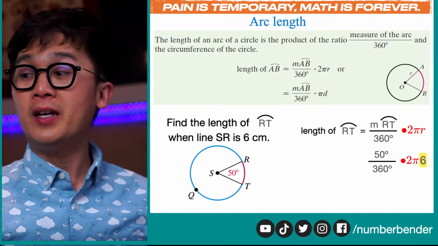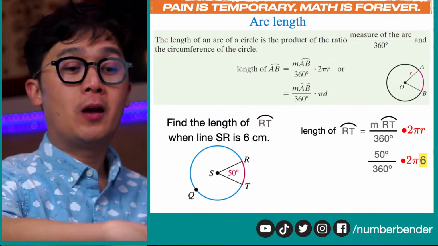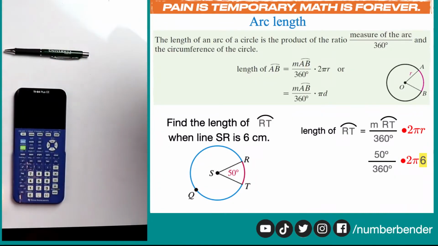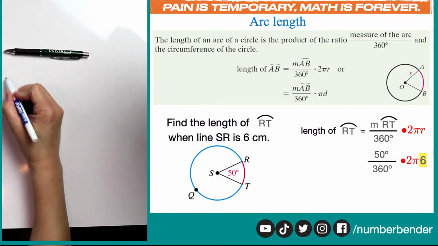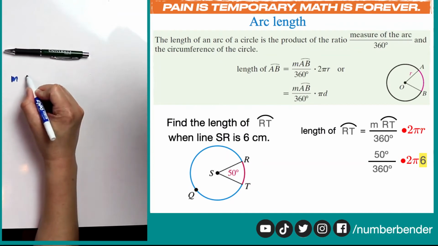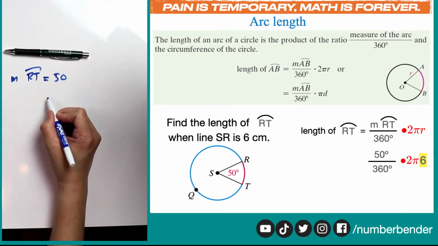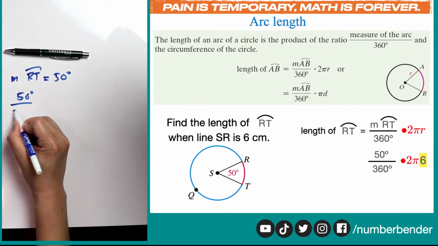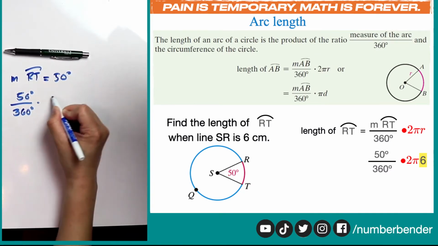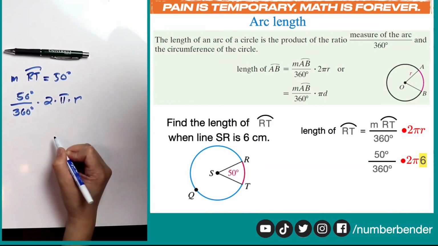So we have an option to use the calculator, or we'll just use our hand to solve this problem. And that's what we're going to be doing in this particular arc length. So we know that the arc measure of arc RT is equal to 50 degrees. And by using the formula, we can have 50 degrees all over 360 degrees multiplied by 2 multiplied by pi and multiplied by the radius.